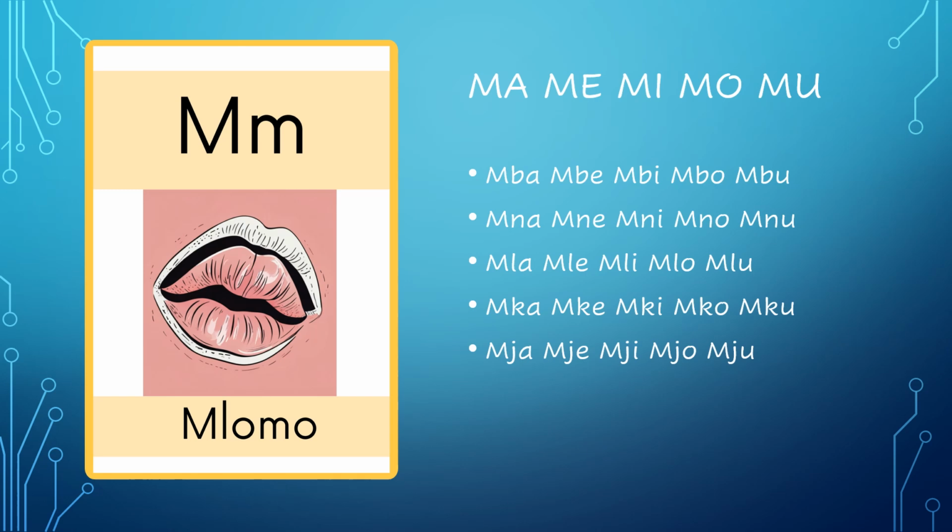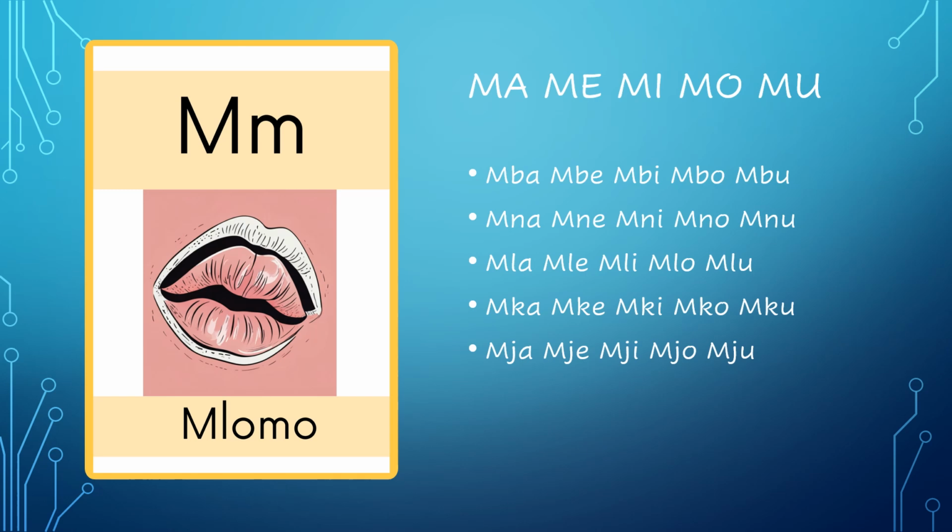With an N added, it sounds like mna, mne, mni, mno, mnu. With an L, it sounds like mla, mle, mli, mlo, mlu.